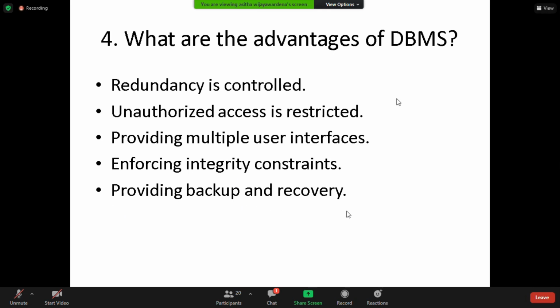And providing the backup and recovery, as I mentioned a few seconds ago, providing the backup as well as recovery. Database backup is very important. In the case of database failure, we can only survive with the backups. Right? Normally, in your day-to-day life, you may not have encountered such situations. But if you have friends or relatives working in banks, you can ask them how important the backups are, right?